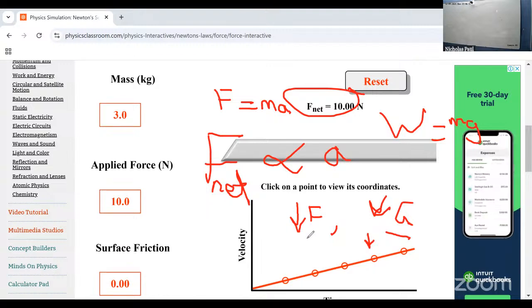I don't think I can show you the third law again.